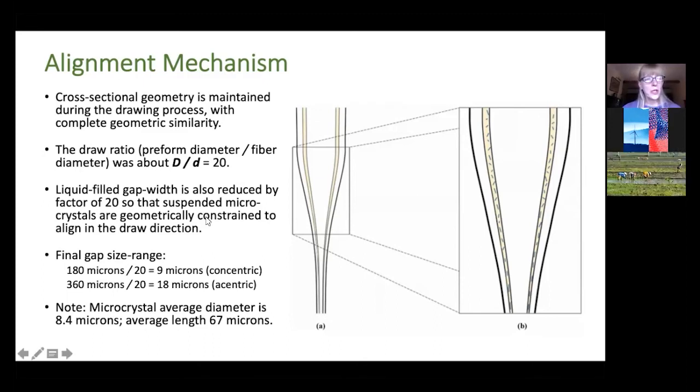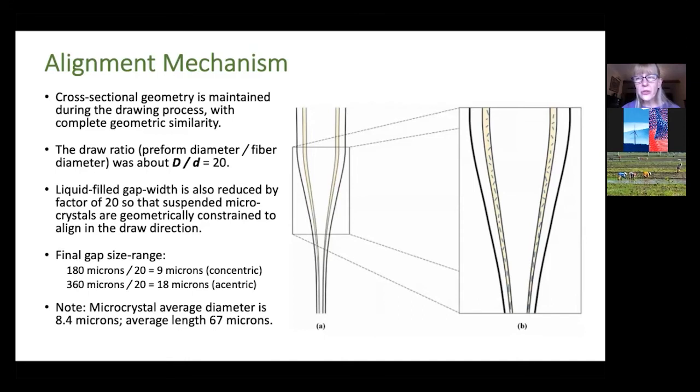So here we note that this liquid-filled gap that started out at 180 microns in the concentric case is also reduced by a factor of 20. And in the preform, if you recall the dimensions of the microcrystal, on average, they're 67 microns long.